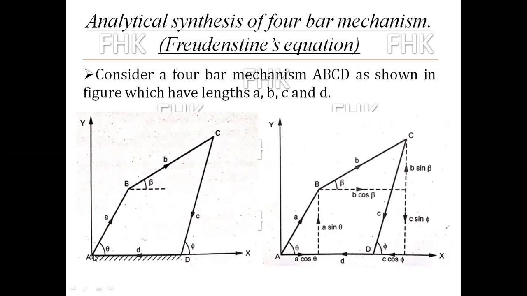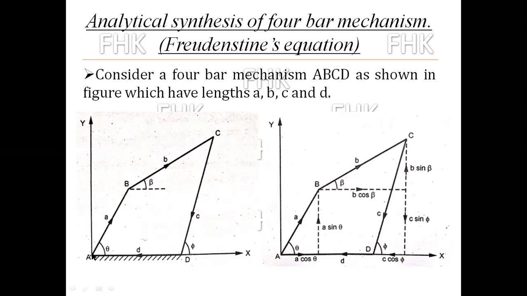Length of input link AB is shown here by small a. Length of intermediate link BC is denoted by small b. Length of output link CD is denoted by small c, and length of the fixed link is denoted by small d. That deviation may come in the examination.